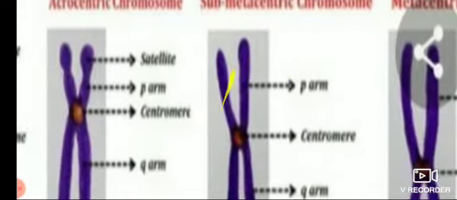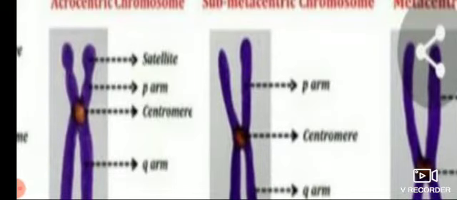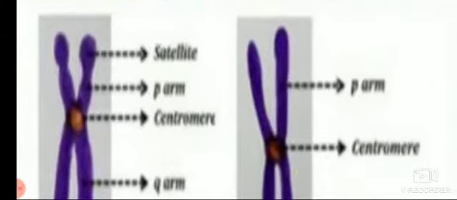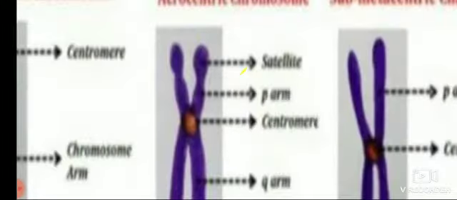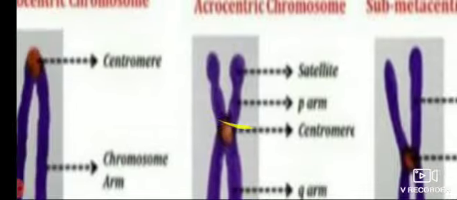Then submetacentric, where the centromere is not exactly at the middle but near the middle, so it is generally L-shaped. Acrocentric, the centromere is placed near the end, it is J-shaped. And telocentric, it is I-shaped, exactly at the end of the chromosome. The centromere is placed at the tip of the chromosome.